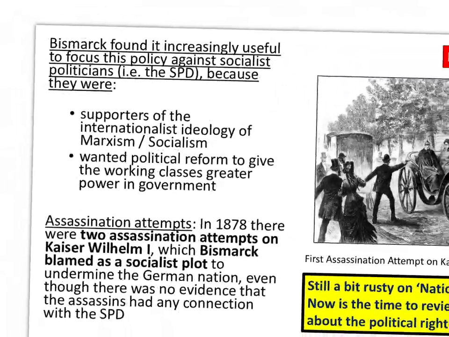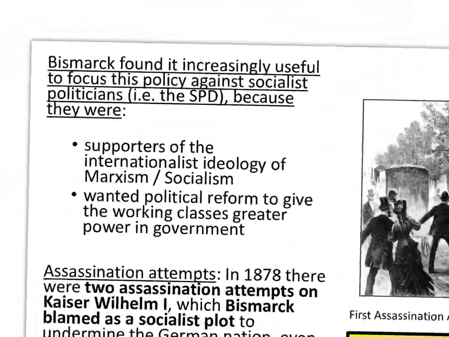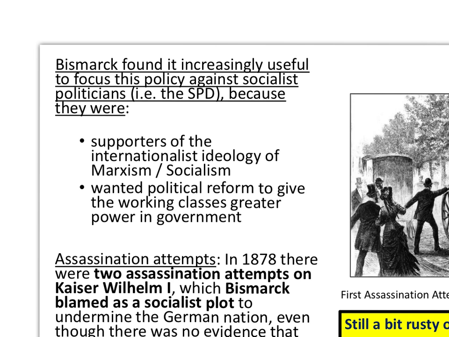The actual point here as well is that the SPD, the Social Democrats, the German Socialist Party, remember, were very moderate. Bismarck always claimed, pretended, and exaggerated that they were plotting a violent revolution, whereas in fact Bebel and Liebknecht and the early socialist leaders were very, very willing to work with Bismarck.